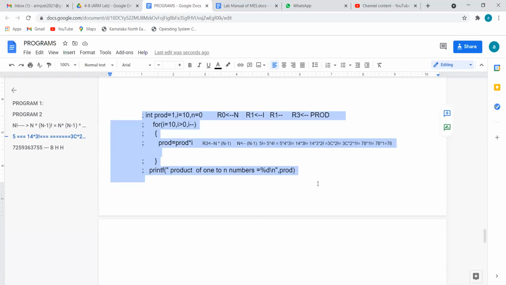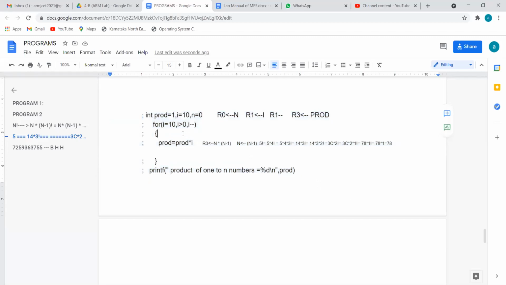First number is what? Starting number 10. Okay, here you can see the observation is important. 10, first number is 10. What is the first product? 1 into 10, 10.